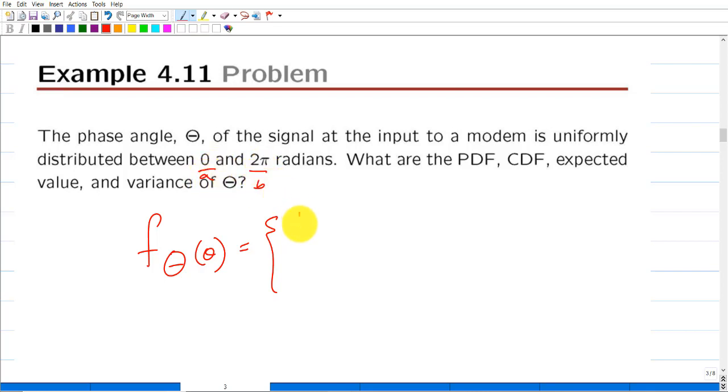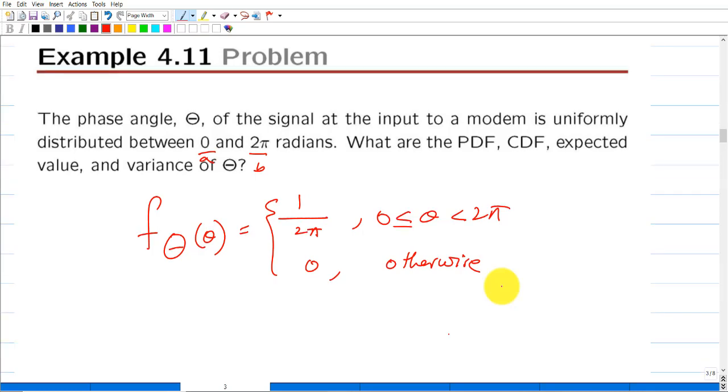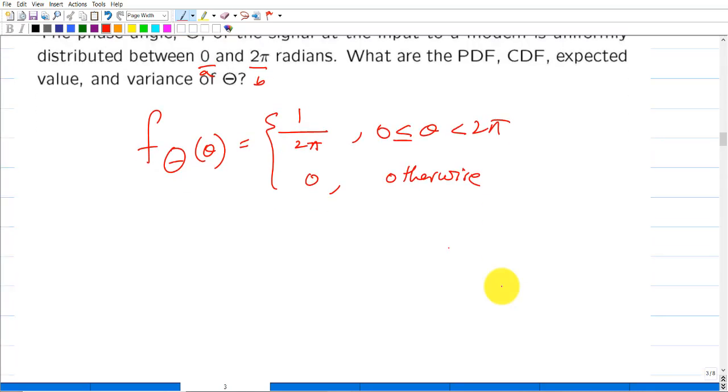So 1 over b minus a, 1 over 2 pi minus 0, which is 1 over 2 pi, in the range of theta greater than or equal to 0 and less than 2 pi, and 0 otherwise. So we have this PDF defined. CDF we can also define using the theorem that we have seen.